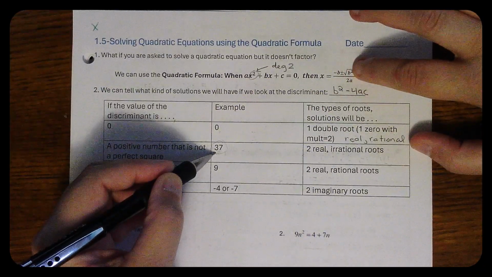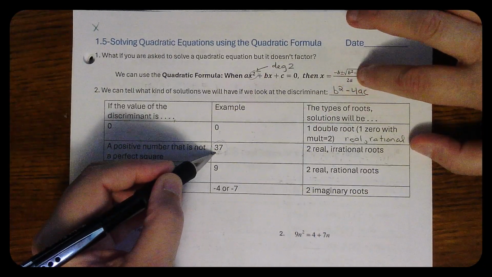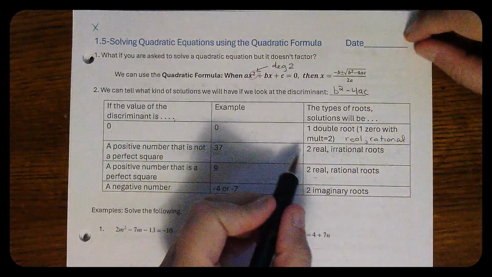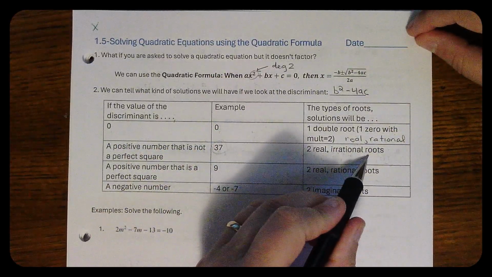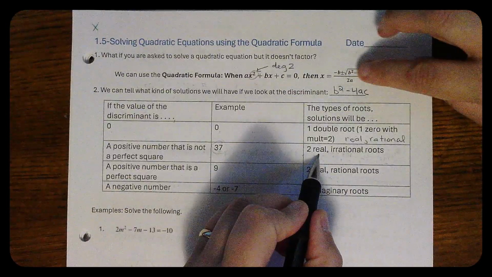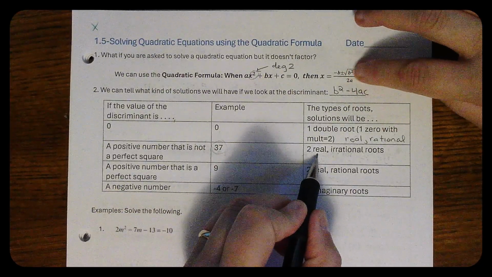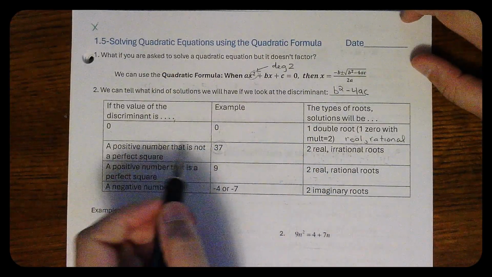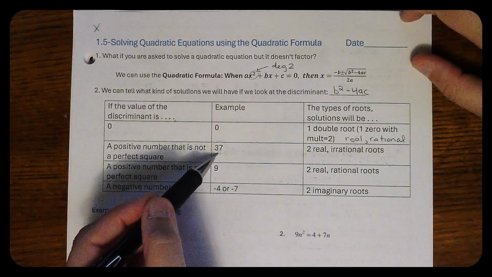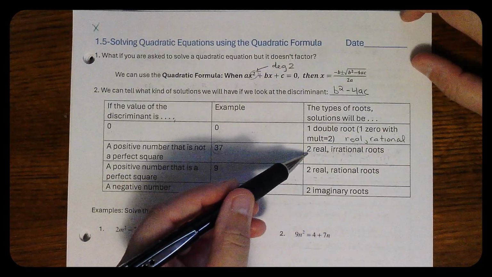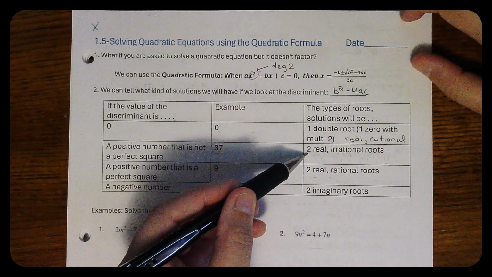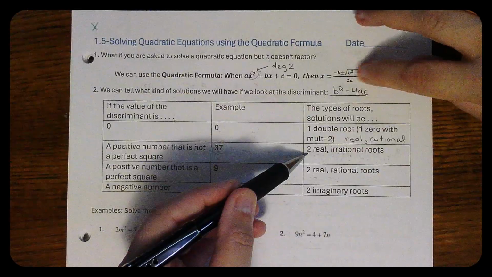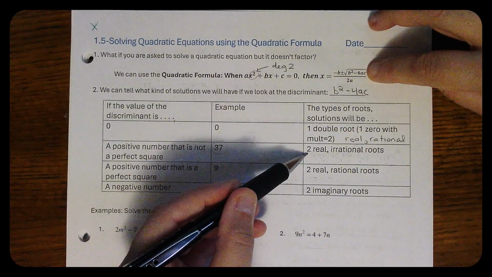And the plus square root of 37 and the minus square root of 37 are going to give you two irrational roots. They're real because the square root of 37 is a real irrational number. So if you have a positive number that's not a perfect square, that's going to give you two real irrational roots. It's all about where that b squared minus 4ac is.